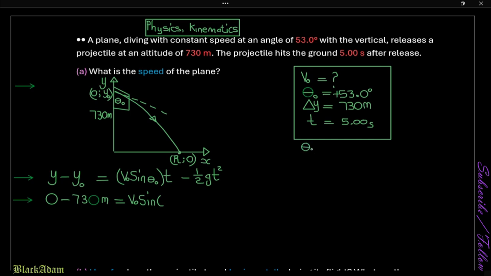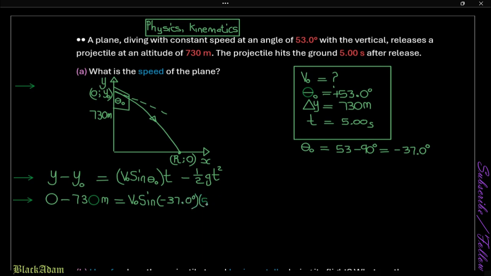So our initial angle is 53 degrees minus 90 degrees, giving us negative 37 degrees. Negative 37.0, since we use 3 significant figures.